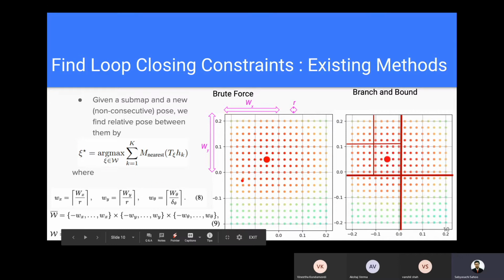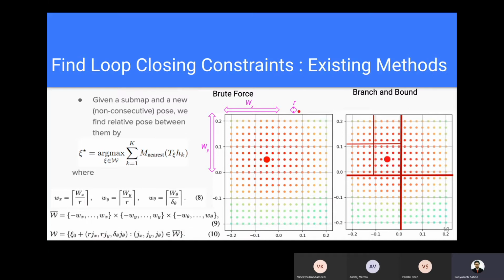And what is R? I think I have shown it here. R is the distance between two subsequent pose points. So essentially, R determines the resolution of the grid that you evaluate with.